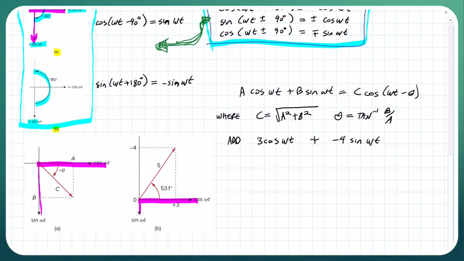The result is 3 cosine omega t minus 4 sine omega t equals 5 cosine of omega t plus 53.1 degrees.